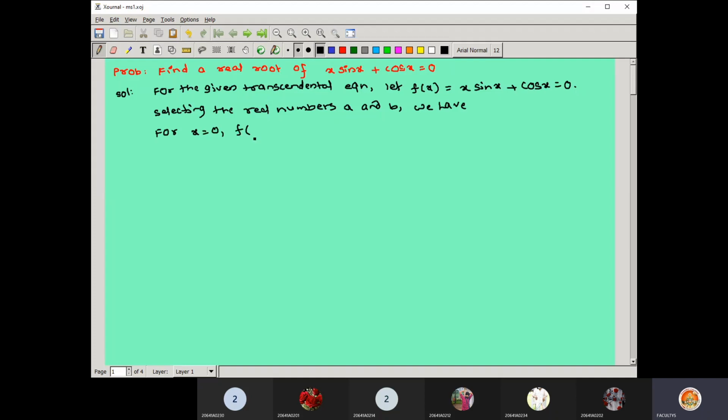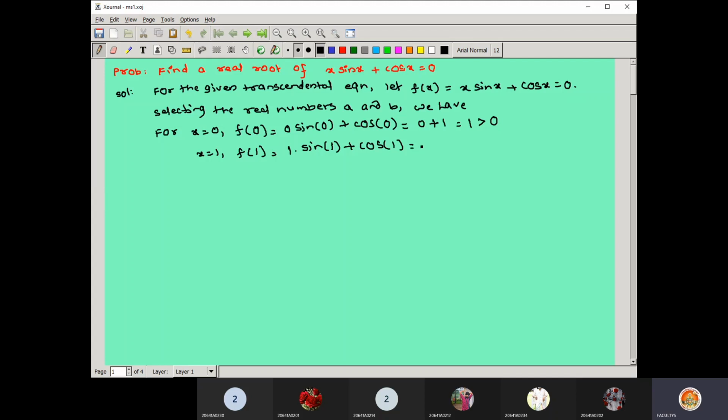In the given function, f of 0 is 0 sin 0 plus cos 0. 0 into sin 0 is 0, plus cos 0 is 1, so the answer is 1, which is greater than 0. Now go for x equal to 1: f of 1 is 1 sin 1 plus cos 1.